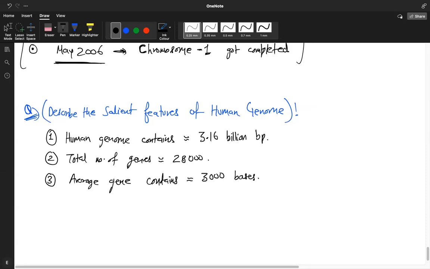And also in this, NEET asked once, what is the largest gene? So this is the average gene that contains 3,000 bases. Okay, there are more genes smaller than this. There are also genes that are bigger. The largest known human gene is dystrophin.